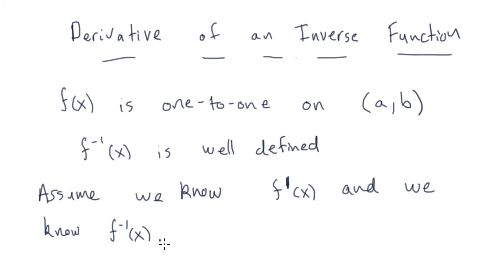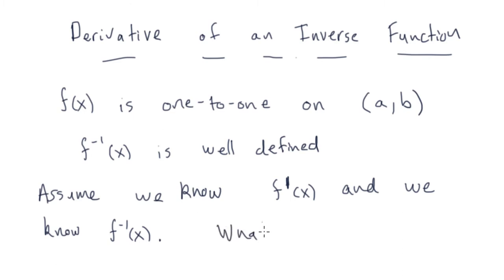So here's the question. The inverse function is just defined to be the function that kind of undoes the operation of f. And if we know the derivative of f, so we know how f changes, the question is, can we figure out how the inverse function is changing? Or can we find the derivative of the inverse function? And amazingly, the answer is yes.